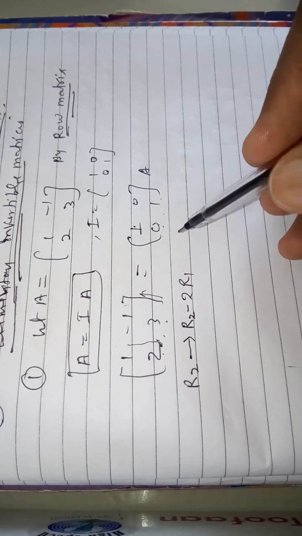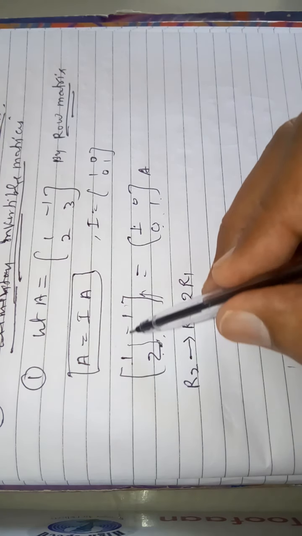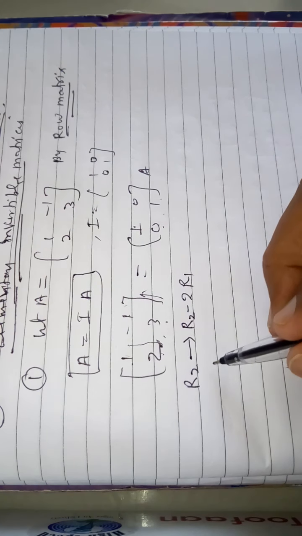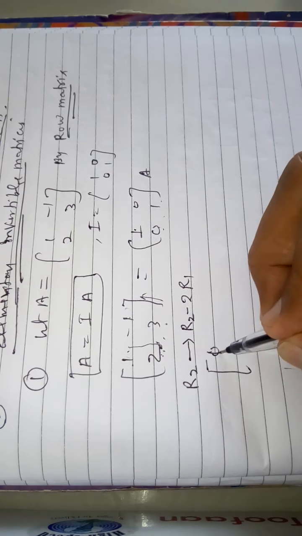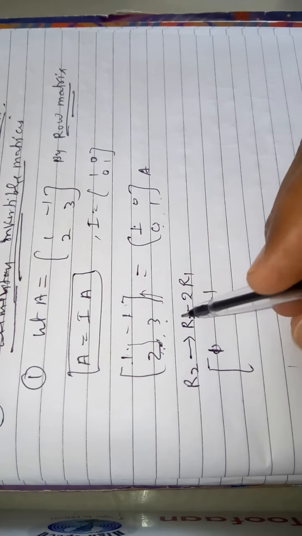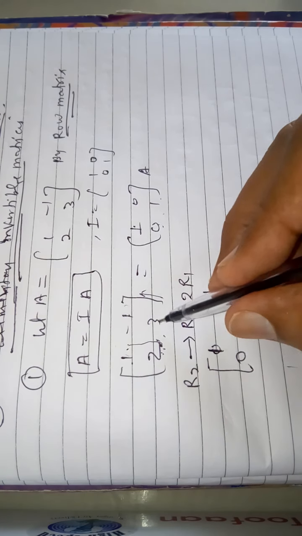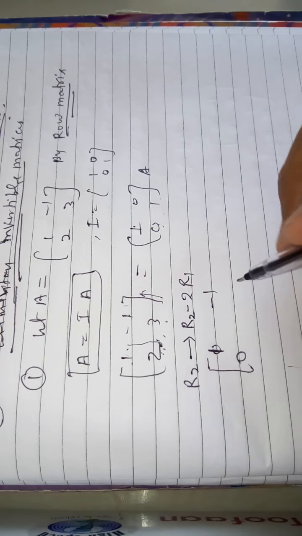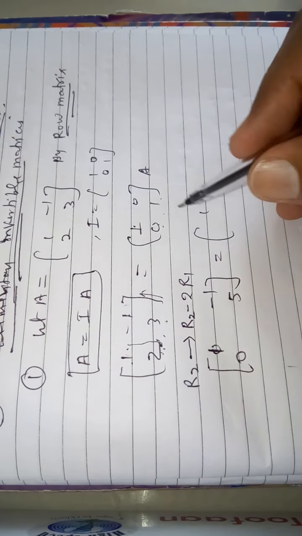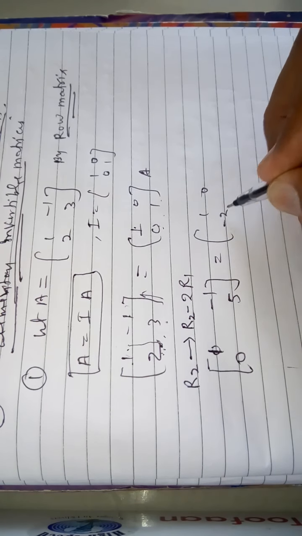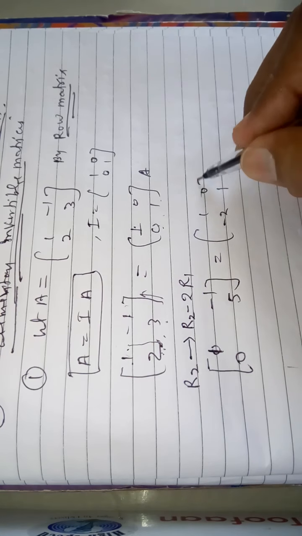R2 minus 2 times R1, where R1 has 1 and minus 1. So 2 minus 2 is 0, and 3 minus 2 times minus 1 is 3 plus 2, which is 5. On the identity side, 1 0 stays fixed, and 0 minus 2 is minus 2, and 1 minus 0 is 1.